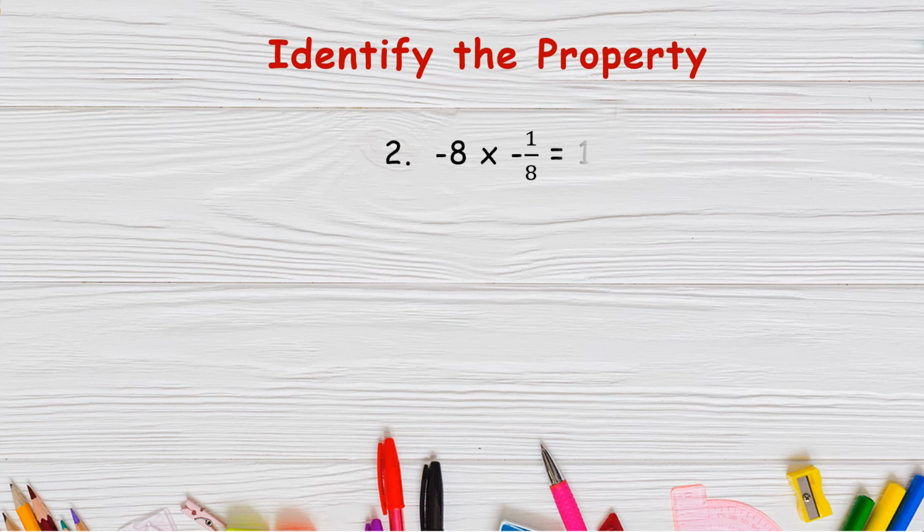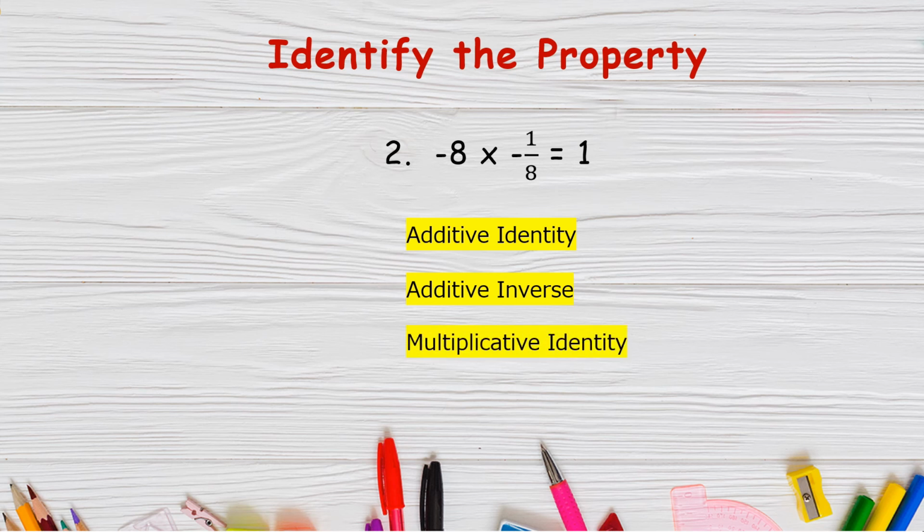Number 2. Negative 8 times negative 1 over 8 is equal to 1. Is it additive identity, additive inverse, multiplicative identity, or multiplicative inverse?